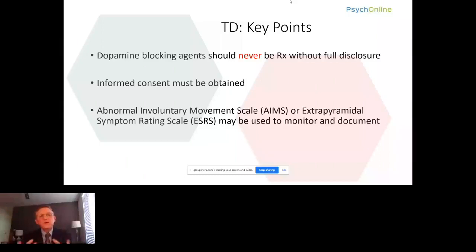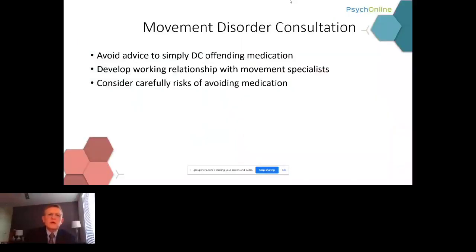And then you're probably going to need the AIMS, the Abnormal Involuntary Movement Scale, or some other scale. It's easy to use in your session. It doesn't take long. Patients will work with you on it, and you can document in your notes any movement disorder progress. And again, let's go back to the movement disorder consultation.